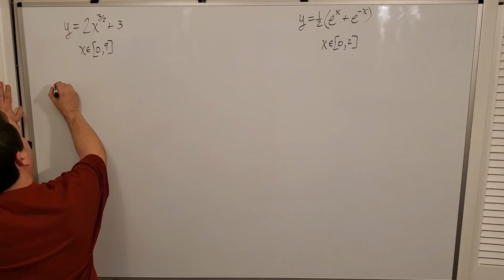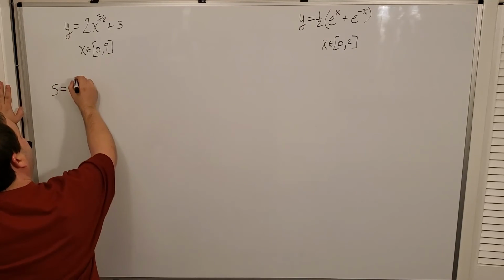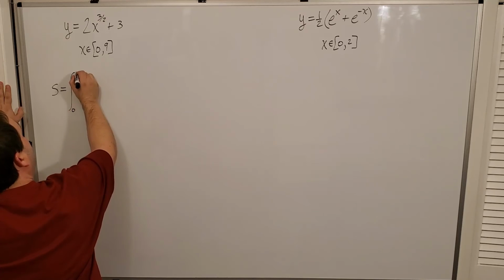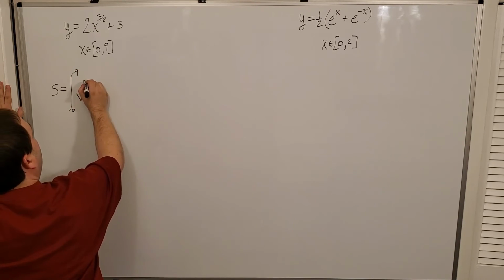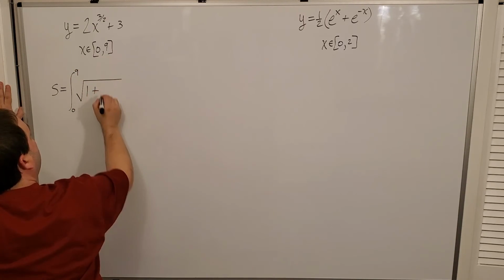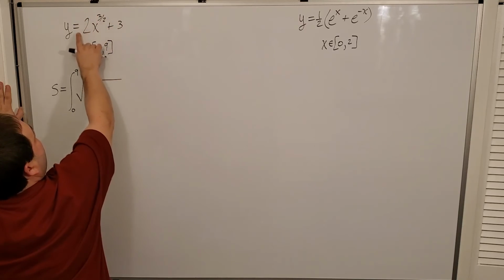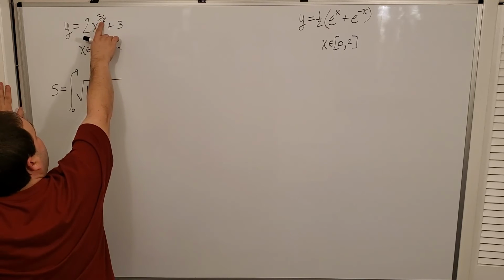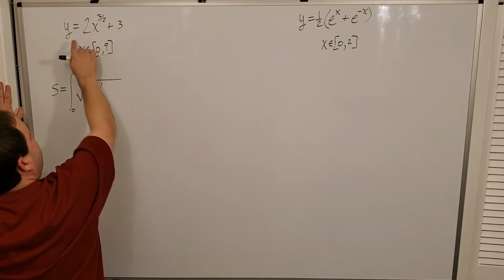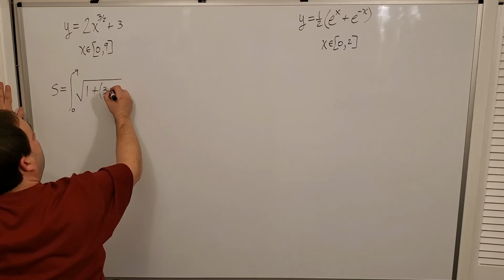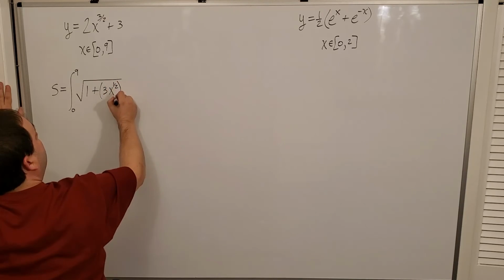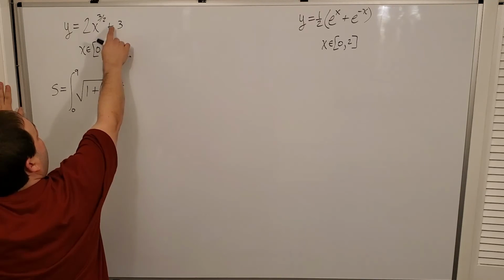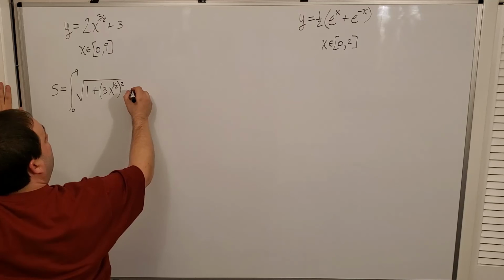The length of the curve, s, is going to be equal to the integral from 0 to 9, square root of 1 plus the derivative squared. So the derivative of this is going to be 3 halves times 2, which is going to be 3, x to the 1 half, and then that's going to be squared, because the derivative of 3 is 0, I'm not going to include it, dx.